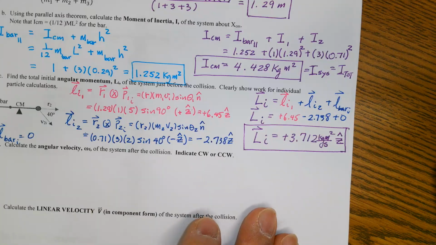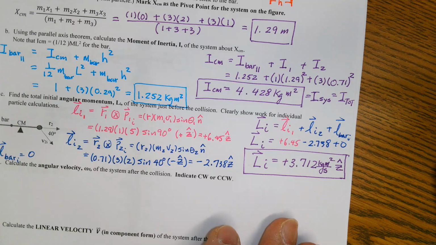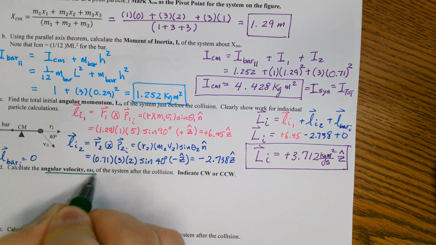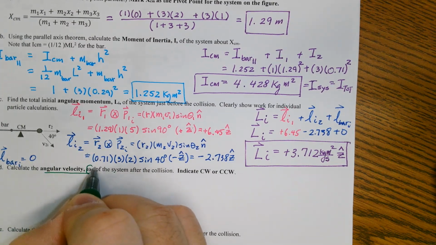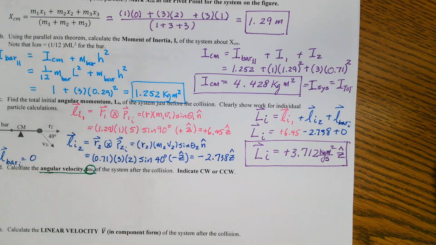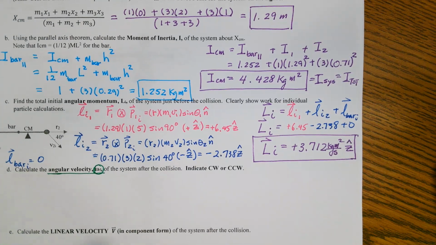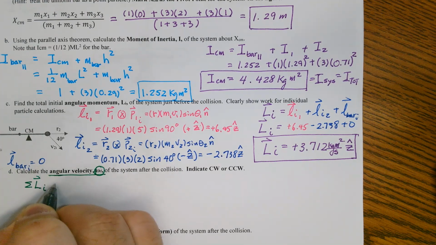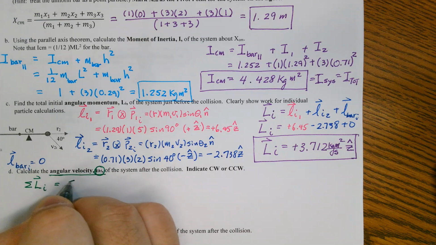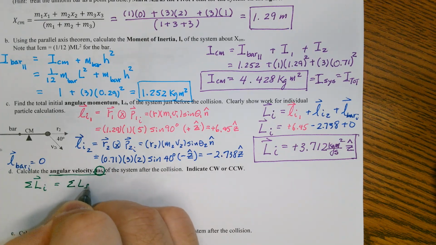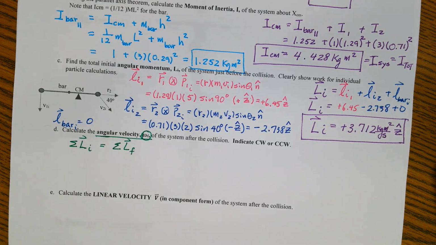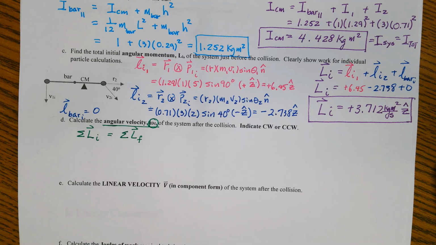So now they're asking, what's going to be the angular velocity? Angular velocity is really nothing more than omega. This is what we're looking for after the collision. We know the sum of all initial angular momentum has to equal the sum of all final angular momentum, because angular momentum has to be conserved.